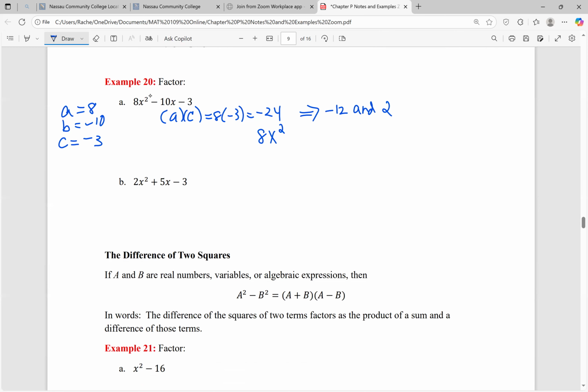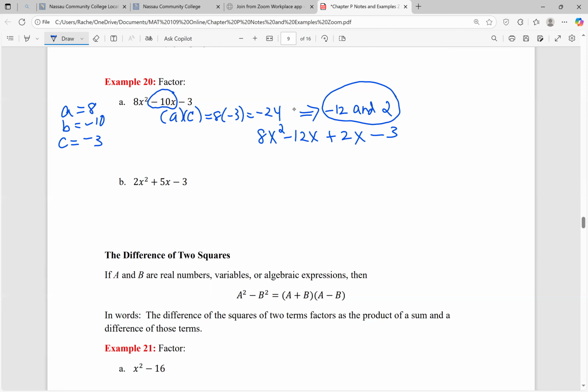But instead of writing the middle term as negative 10x, I'm going to ungroup it and write it as the sum of the two numbers that we came up with in step 2. So instead of writing negative 10x, I'm going to write negative 12x plus 2x, because remember, negative 12 plus 2 is negative 10. So this sums to negative 10x. So it's still equal to the same expression that we have up here, and then minus 3.